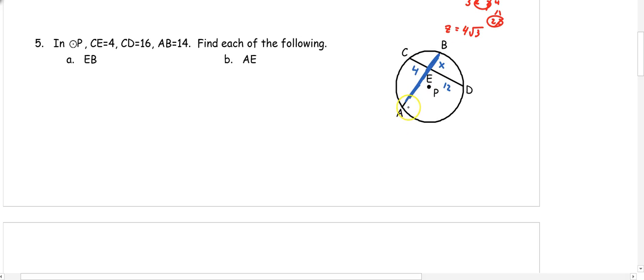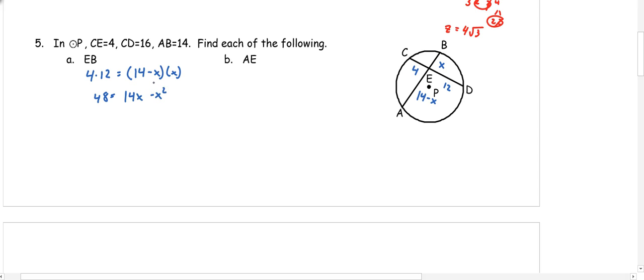If the whole length is 14, we have to take away that x part, so the other part of the line is going to be 14 minus x. So when I multiply my pieces together, I get 4 times 12 equals 14 minus x times x. When I distribute, I get 48 equals 14x minus x squared.